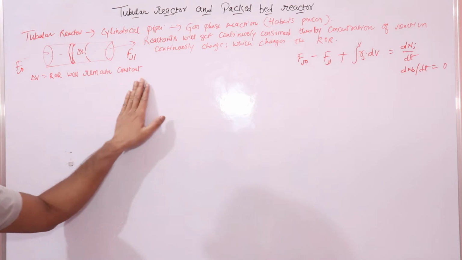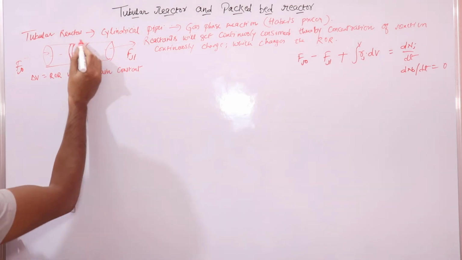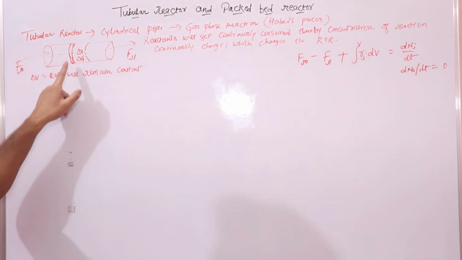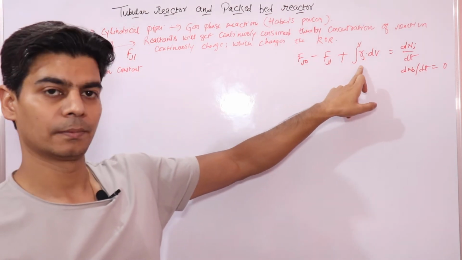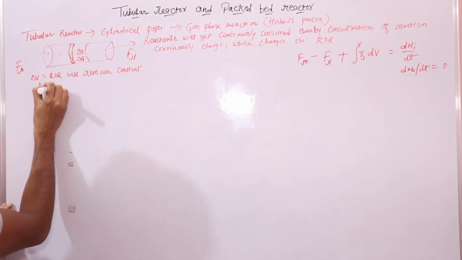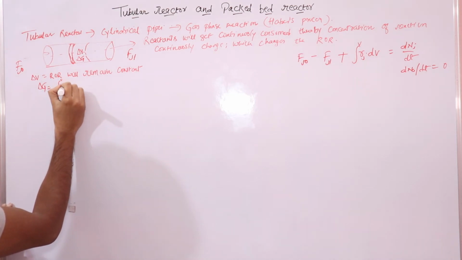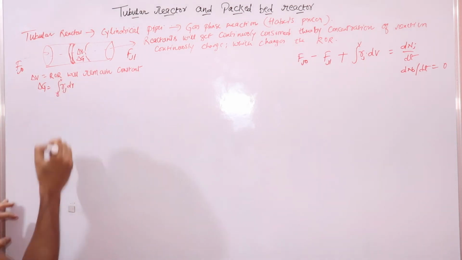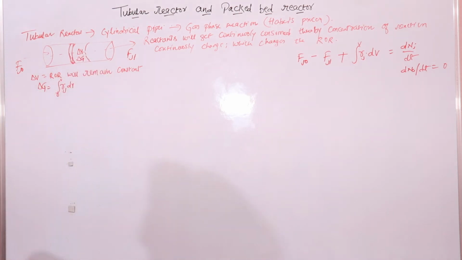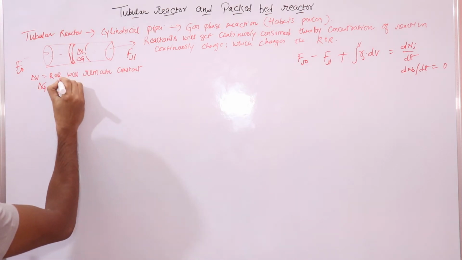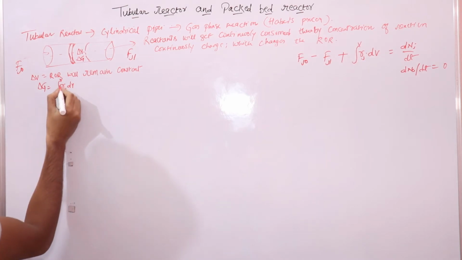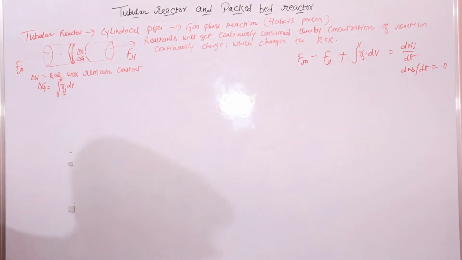Once you know this, now in this small volume delta V, we need to find the rate of generation, which depends on the rate of reaction Rj. So delta G is equal to the integral of Rj dV. Now since in this small volume delta V the rate of reaction is constant, we can take this quantity out of the integral.